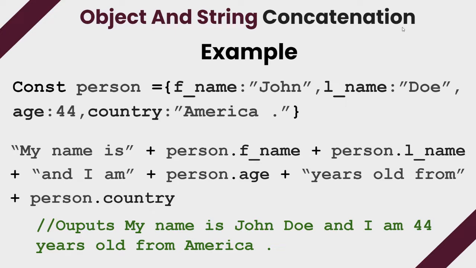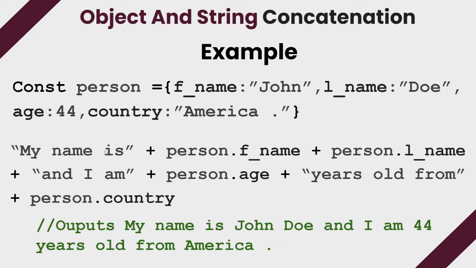Now each of these keys have values, and each of these values can actually be concatenated with strings, which we can see in the syntax below it. So this syntax here begins with my name is. My name is here is a string, and you can see the addition symbol. Now, this particular symbol can actually represent different meanings depending on the context.